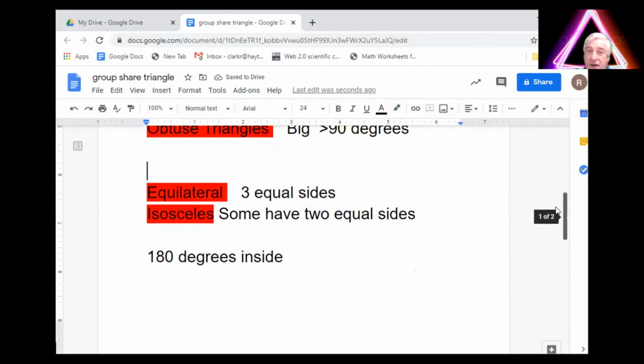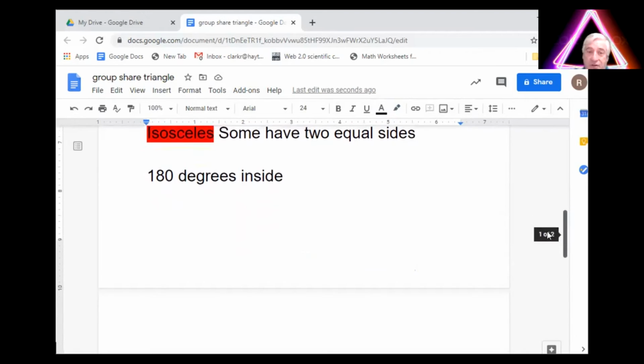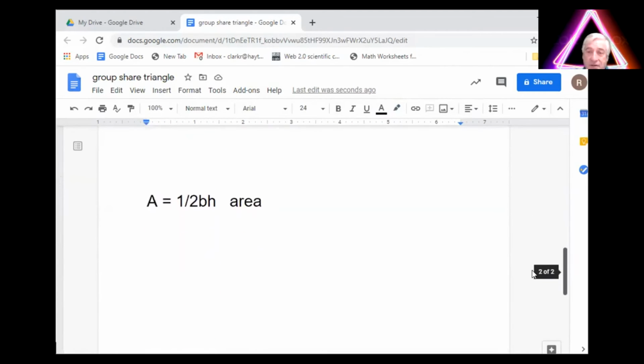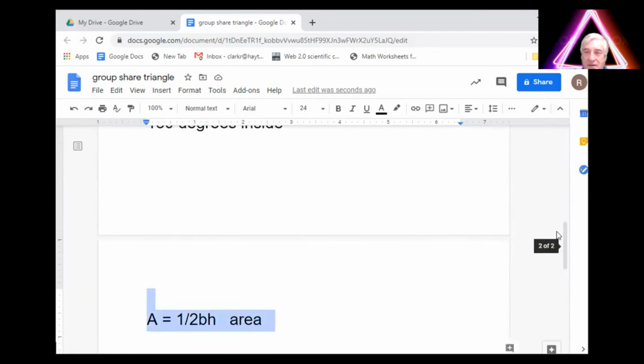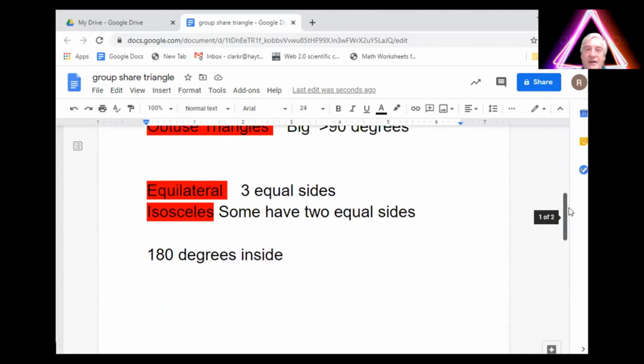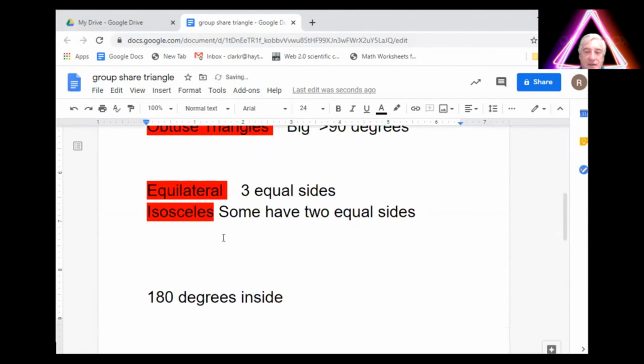All right, I can get 3 sides equal. I can get 2 sides equal. I'm looking. I don't see that great piece of wisdom here. All right, somebody figure this out. If you can have 3 equal sides and you can have 2 equal sides, you can also have the last one would be no equal sides.